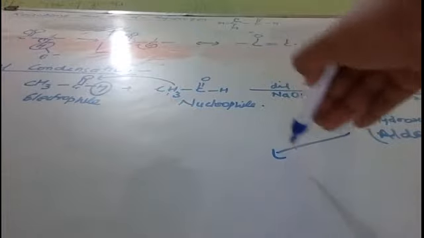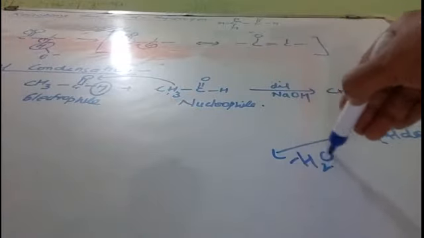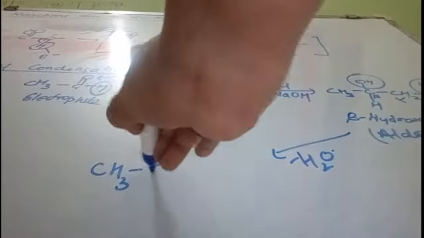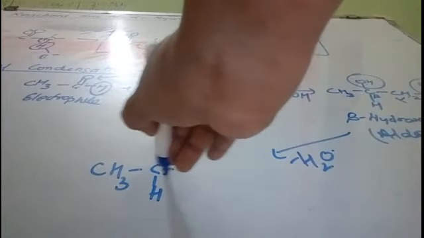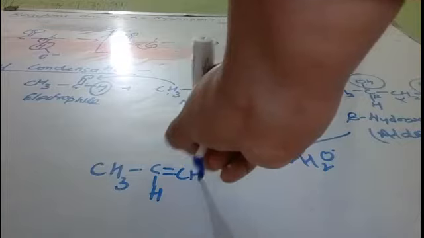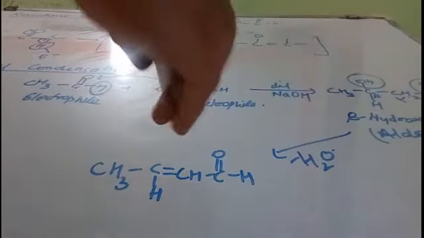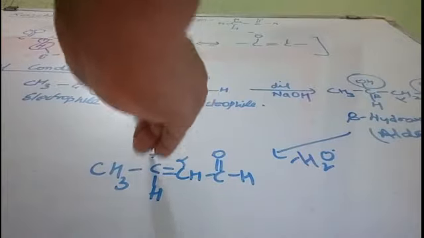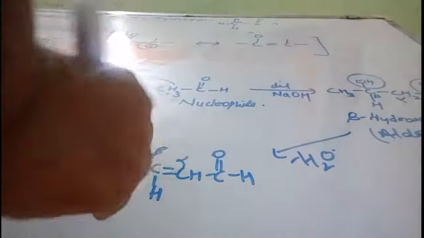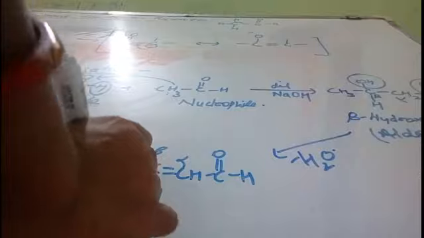I will write here, so it will lose water molecule and you will get, right, this carbon is alpha, this is beta, so alpha beta unsaturated aldehyde will be formed.